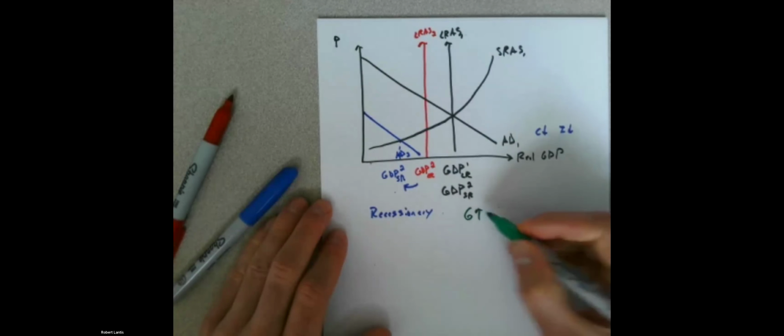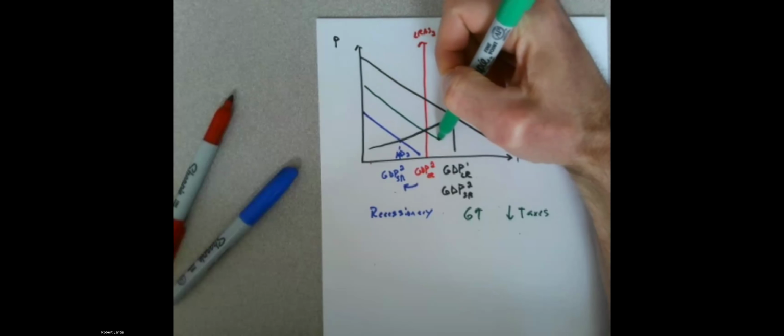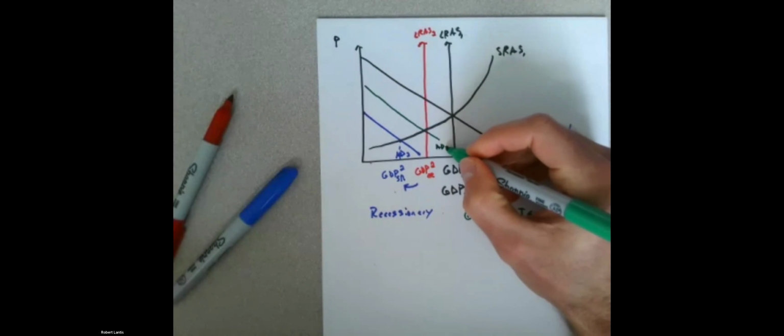Well, the government then needs to either increase their spending or decrease their taxes, shifting our aggregate demand curve to be up here, right? Closing that gap. Okay. So we had a deflationary gap initially. The response to that should be that we have an increase in government spending. Okay.